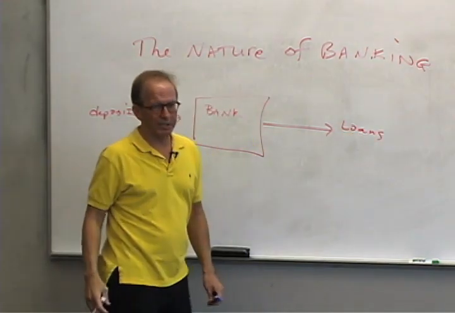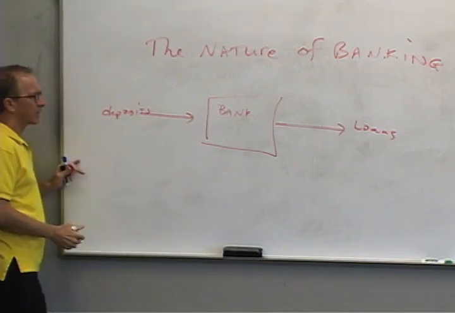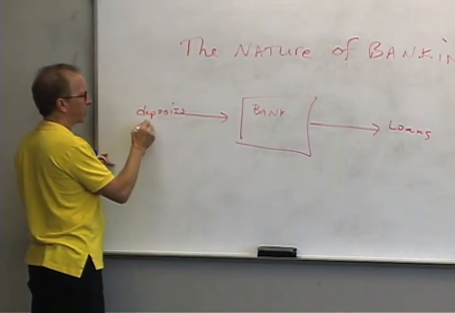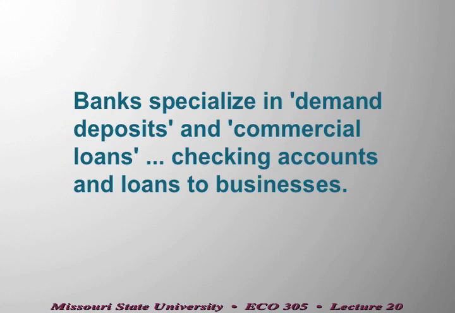Now, this is what they specialize in, and really in terms of a specialty, their specialization is demand deposits. That is to say, bankers have traditionally done this and done it more than other financial institutions. And this is just what they're best known for.